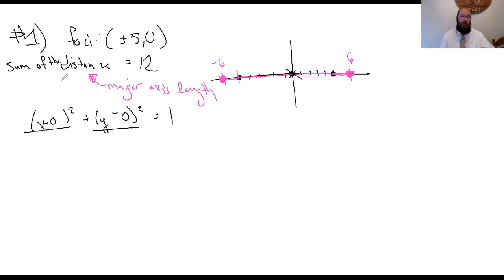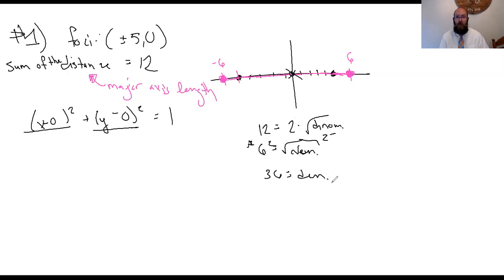And remember, that came from 2 times the square root of my largest denominator. So the 12 equals 2 times the square root of my denominator. If I divide by 2, I get 6, the square root of the denominator. I square both sides, so 36 equals my denominator.